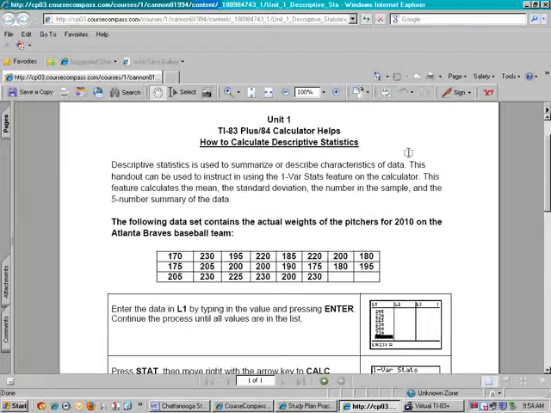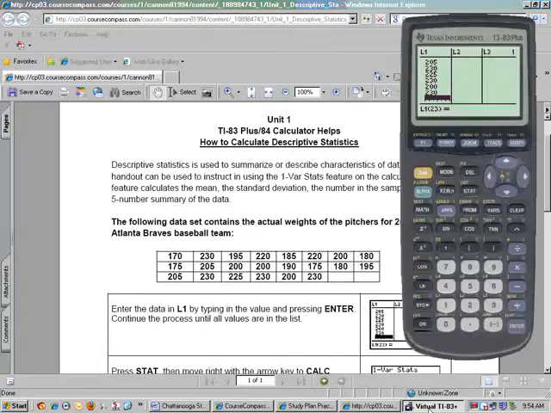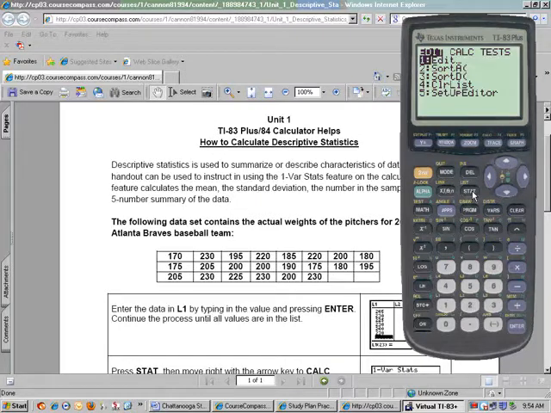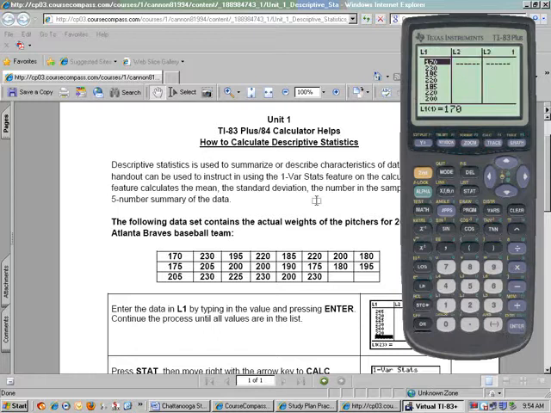What I'm going to do is call up my calculator. When you first go on, you need to place your values into your calculator. We're going to push STAT, and our values will be located in number 1, so I push enter. At this point, you will need to type in all of your values.